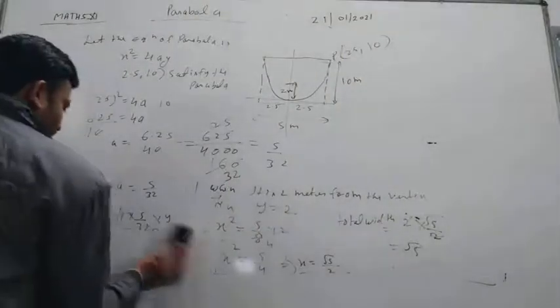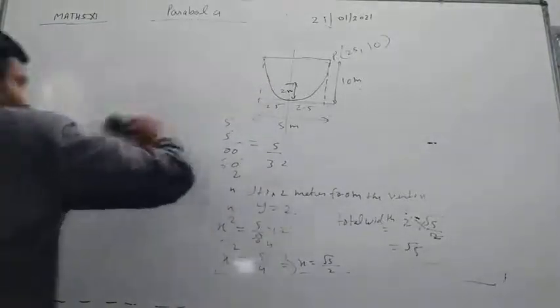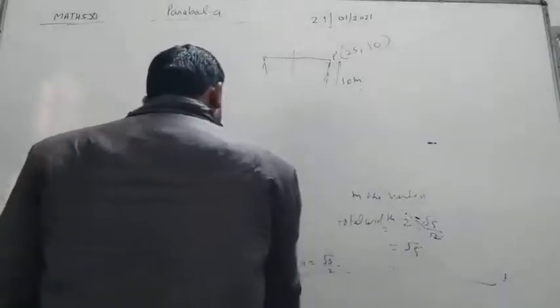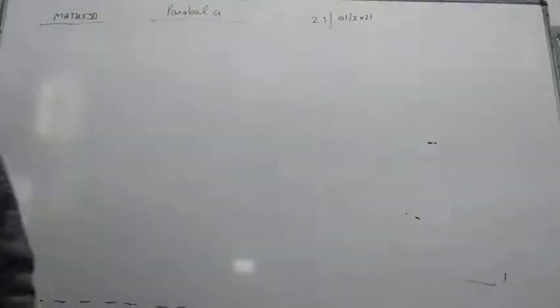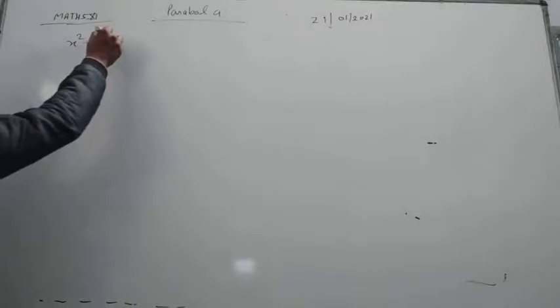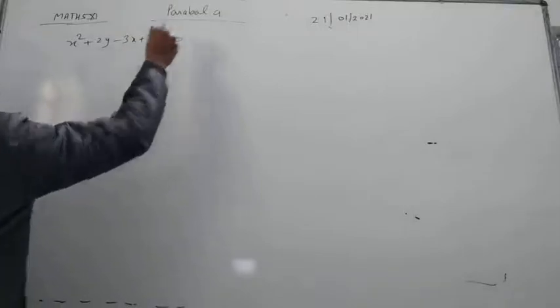Now we take another question. So next question: x square plus 2y minus 3x plus 5 is equal to 0.